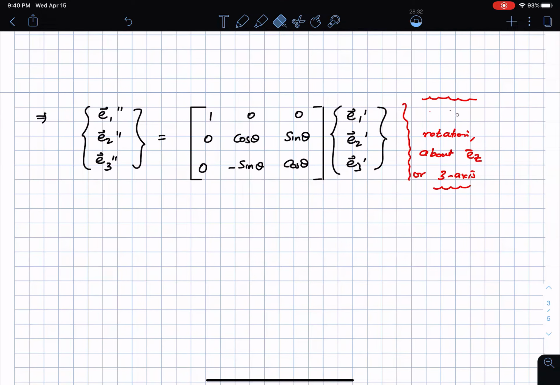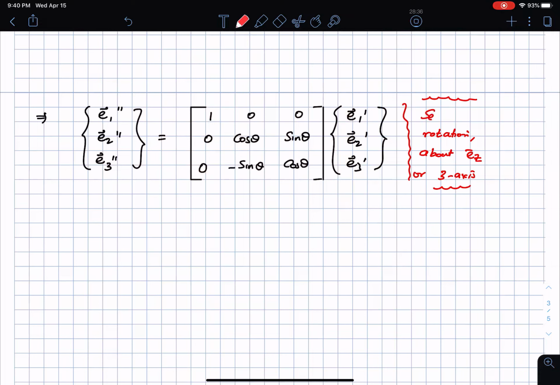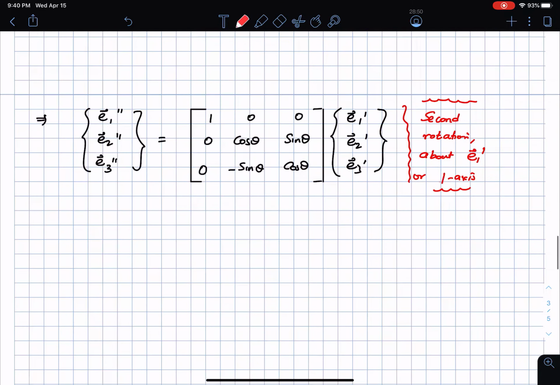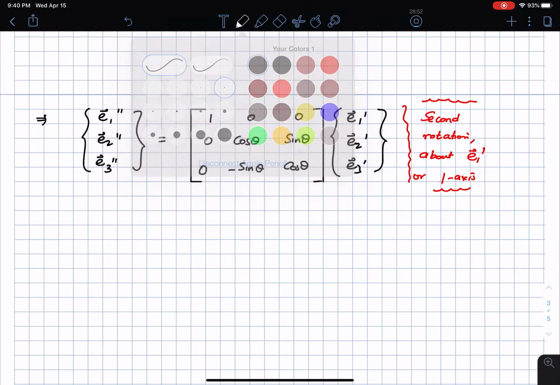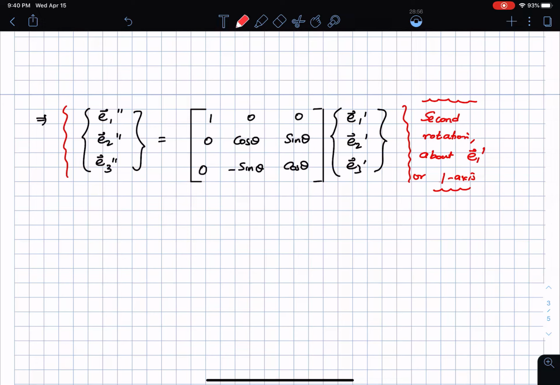So the second rotation performed about the E1 prime direction, or the one axis now. This is called the one axis. And it's important that we see that this basic idea is just getting carried out again and again.